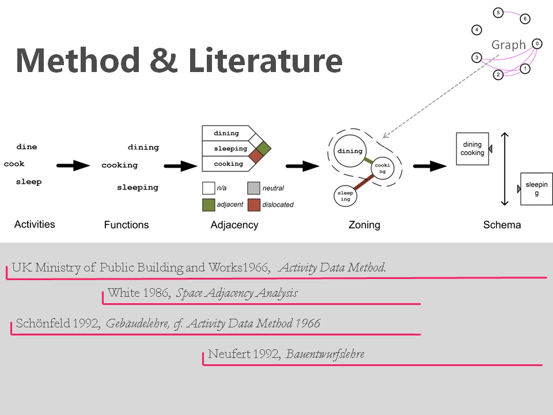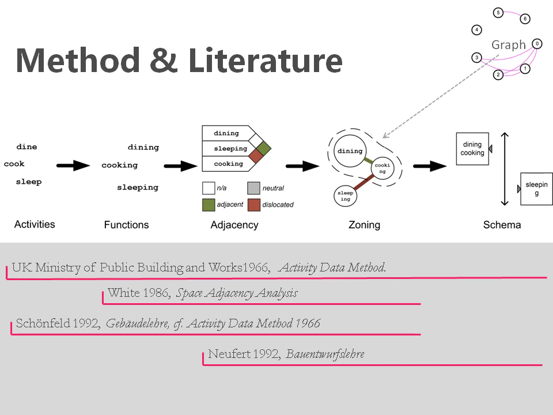Therefore, I have drawn around dining and cooking a dashed line, meaning that those two belong together and could also be built together. So I'm putting both into a single zone. In the next image to the right, you see a schema where dining and cooking have entered one common zone.